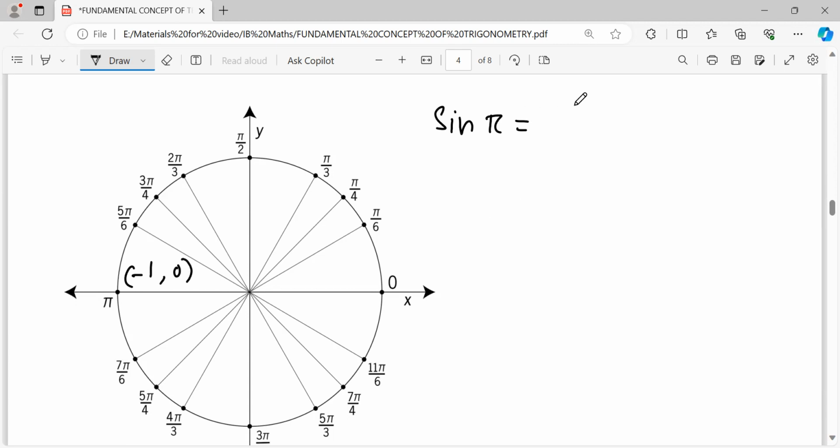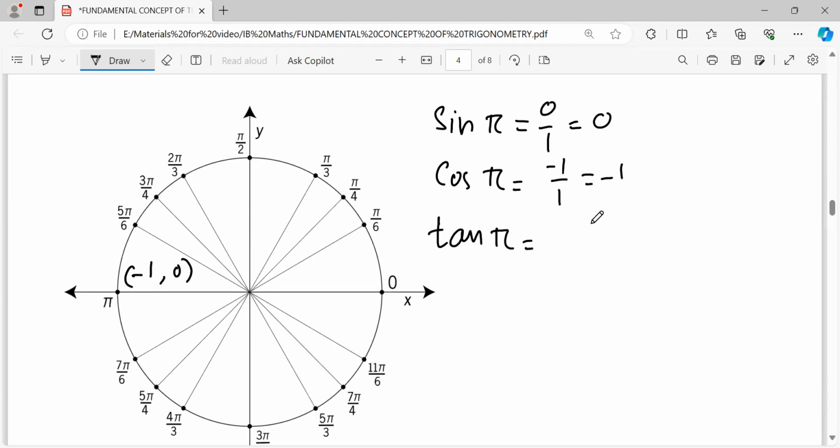Sine pi equals 0 over 1 equals 0. Cosine pi equals negative 1 over 1 equals negative 1. Tangent pi equals 0 over negative 1 equals 0. Cotangent pi equals negative 1 over 0, undefined.